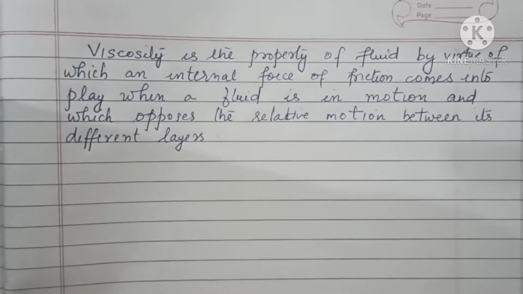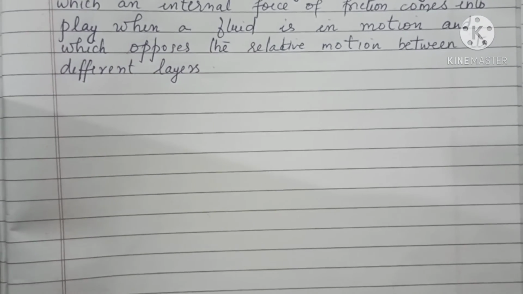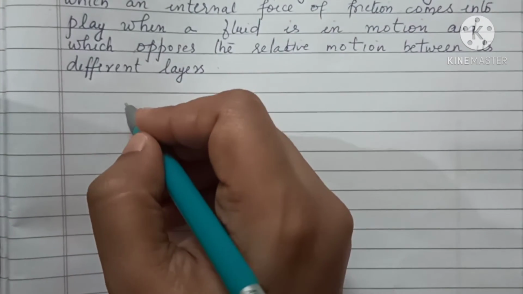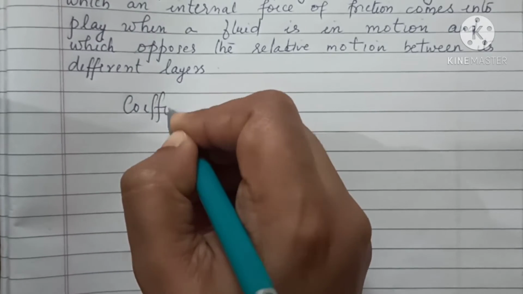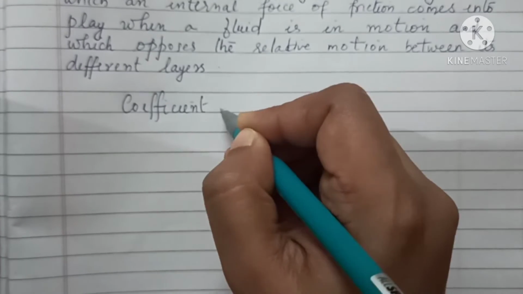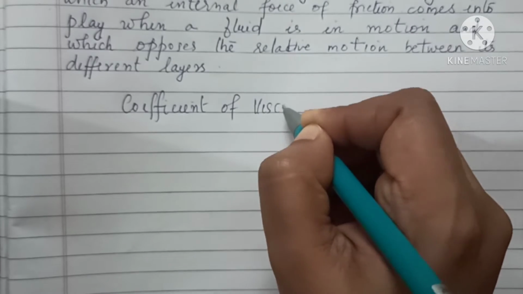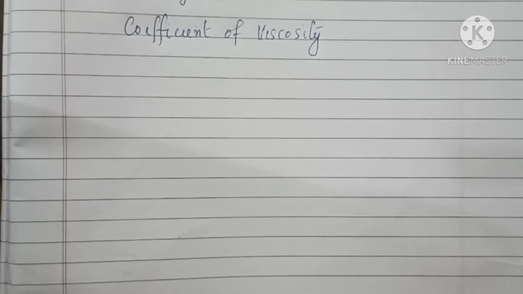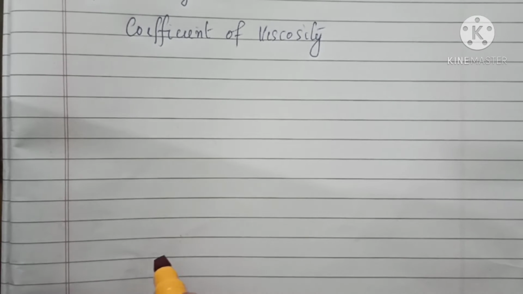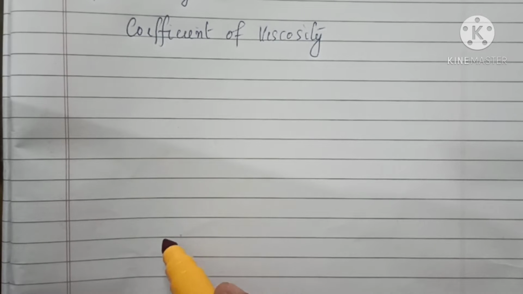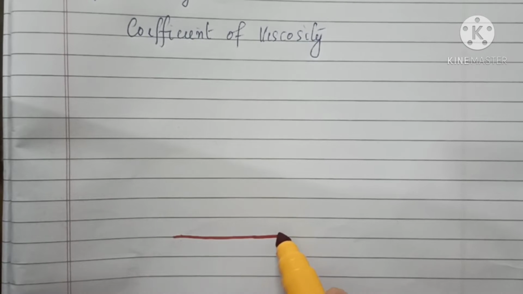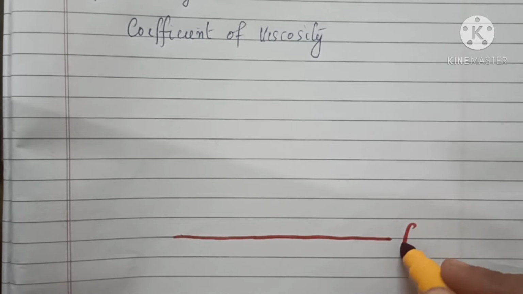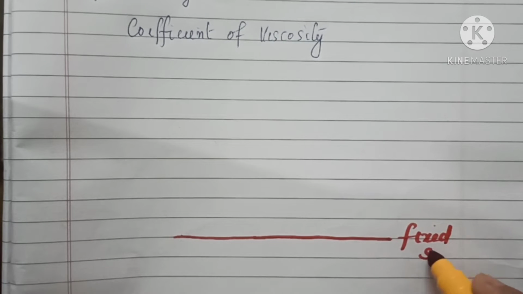Understood? Now we are moving to the next term, which is again an important one, that is coefficient of viscosity. So for studying this coefficient of viscosity in detail, again I am considering a fixed surface here. Okay, a fixed surface is considered. This is the fixed surface.